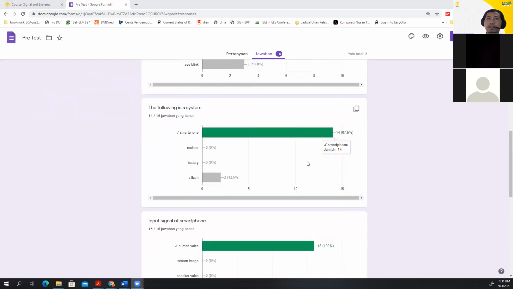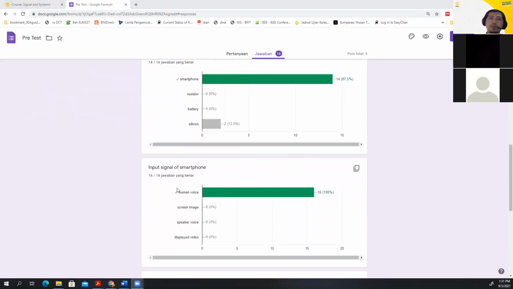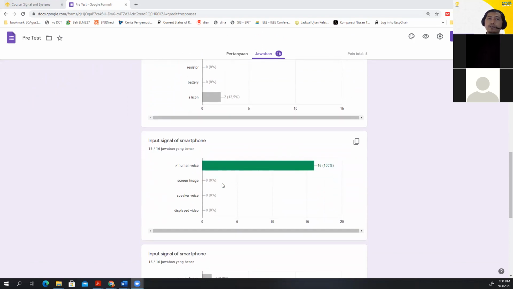Then move forward to the input signal of a smartphone. Human voice: yes, 100% correct here. And the screen image, why is this not input? Because the screen image is output.